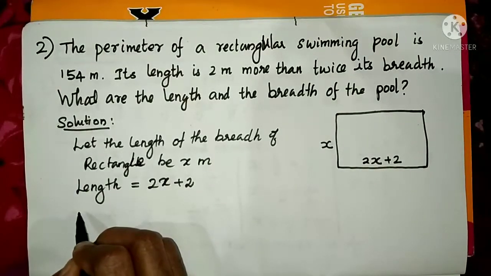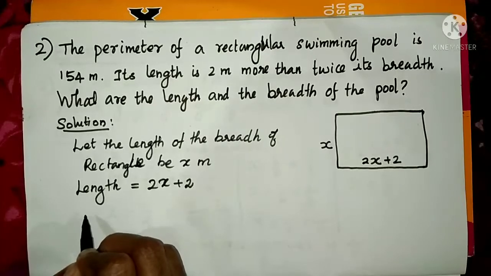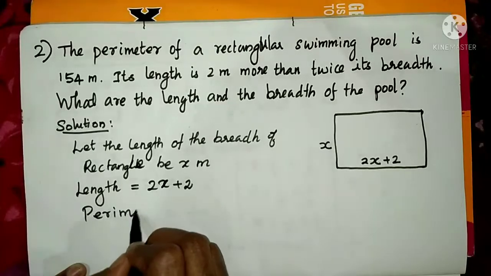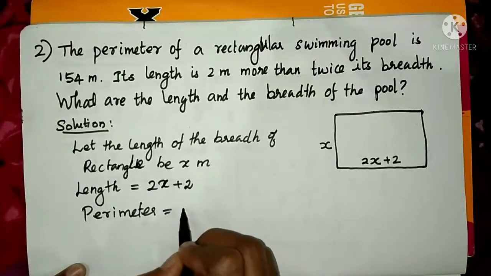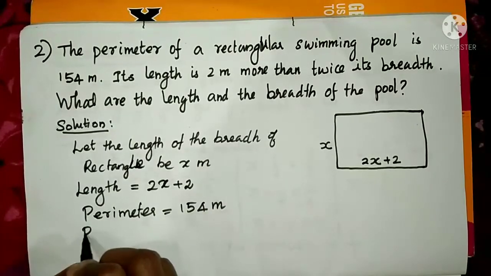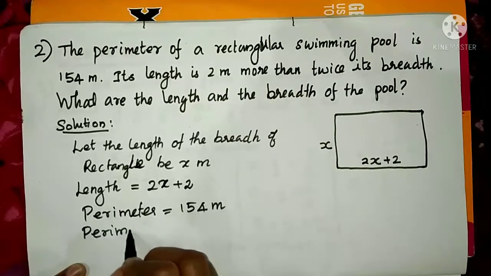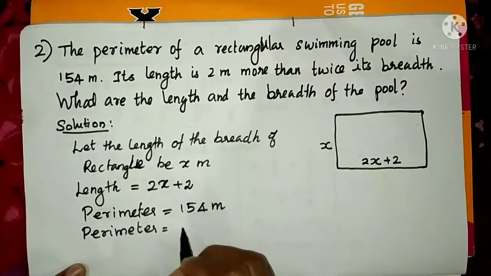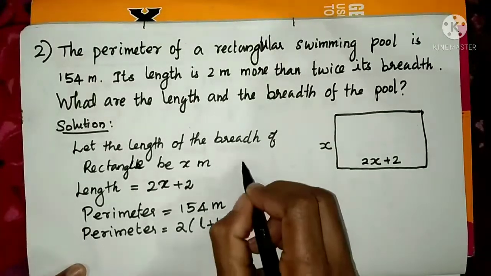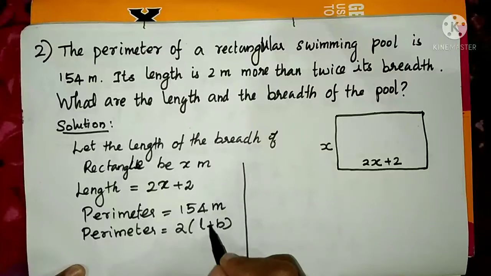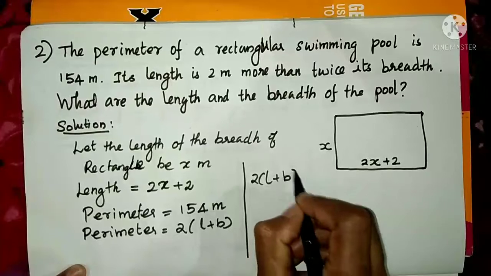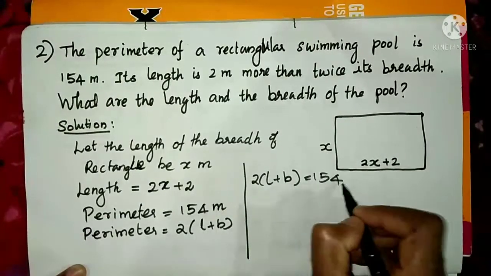We know the formula of perimeter, and perimeter is given in this question as 154 meters. The formula for perimeter is equal to 2 times (length plus breadth). So we can equate these two. So 2 times (length plus breadth) is equal to 154.